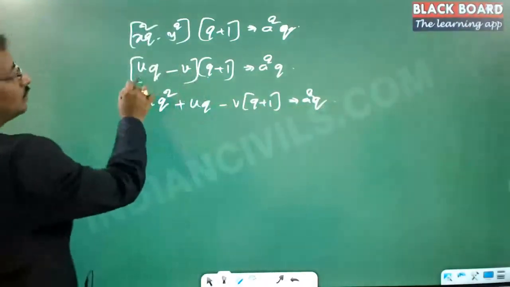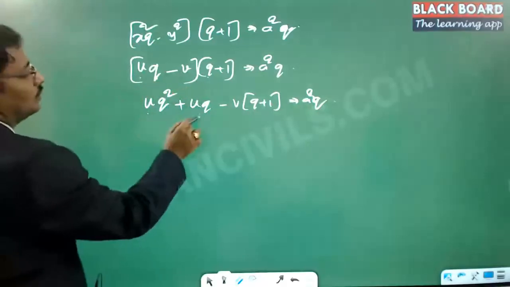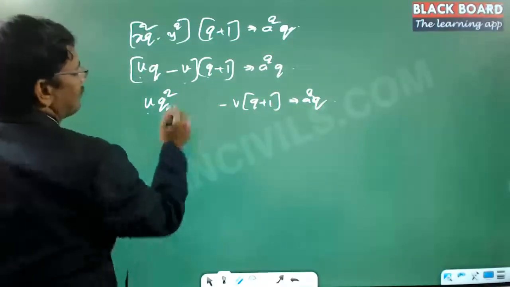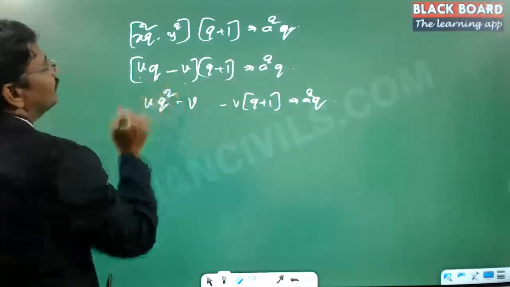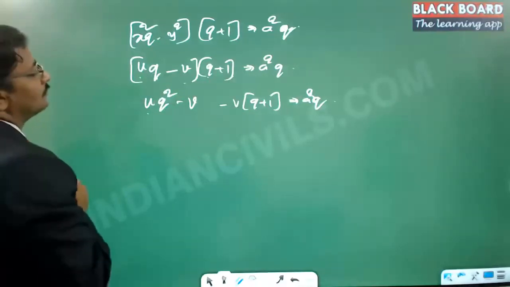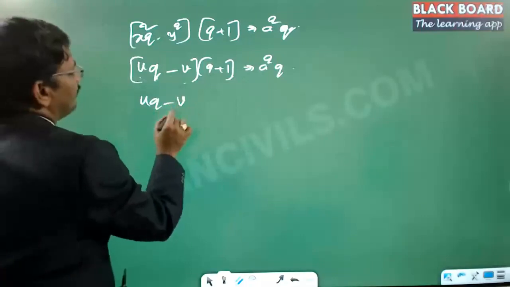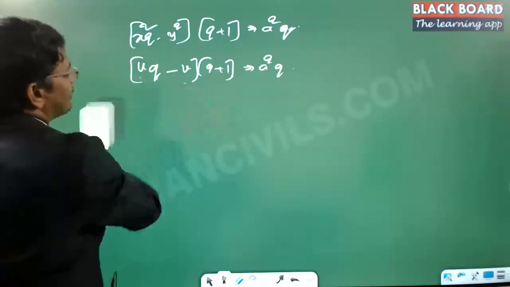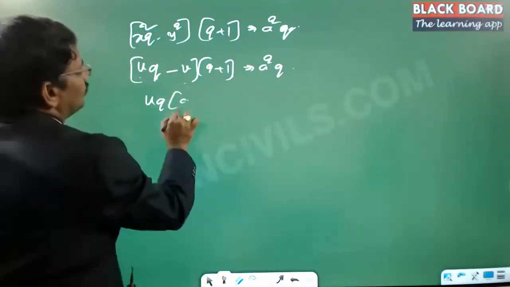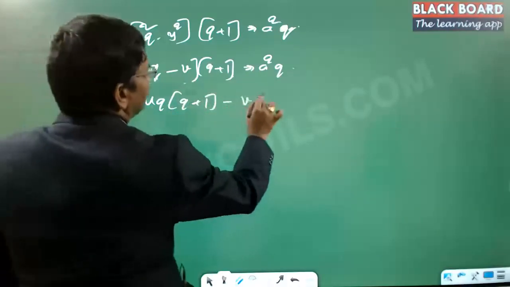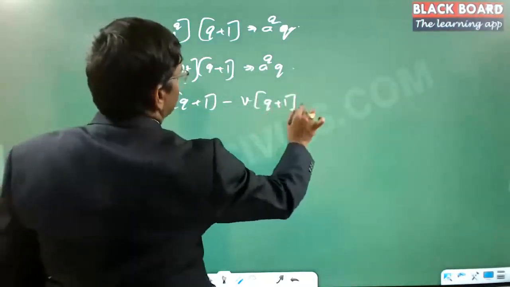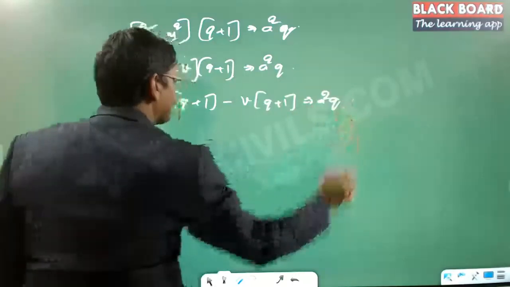I just multiplied with q, so that is uq square minus vq minus vq, and then actually I multiplied with, so uq minus v, or uq into q plus 1 minus v into q plus 1 is equal to a square q.